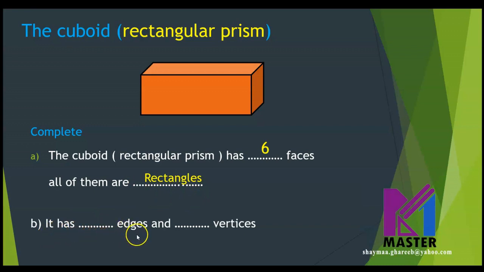It has how many edges? 12 edges, and the edge, as you know, the sides here are called edges. And how many vertices? And the vertices are the same as the corners. It has 8 vertices. These are the properties of the cuboid or the rectangular prism.